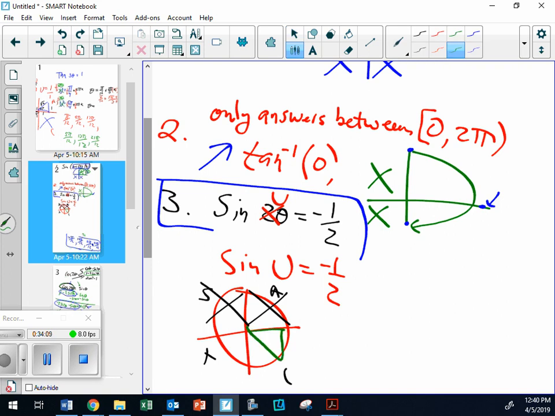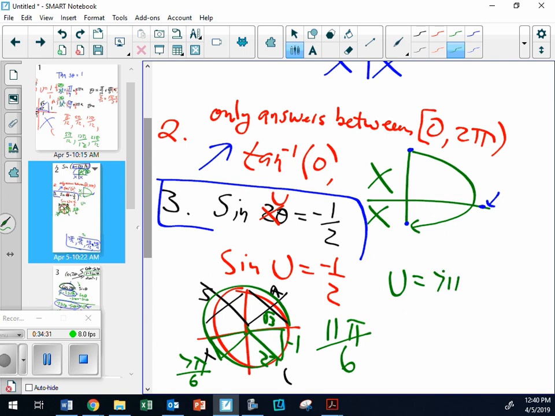And sine is opposite over hypotenuse. And this is 30, also known as pi over 6. Therefore, that is 11 pi over 6. And the other answer was over here, and that one is 7 pi over 6. So my 2 answers appear to be 7 pi over 6 and 11 pi over 6.